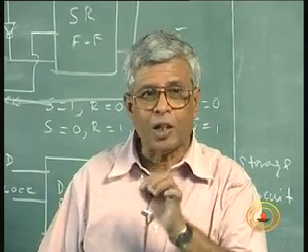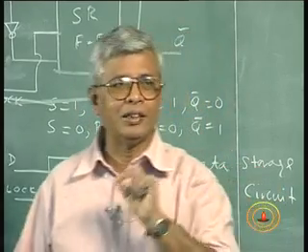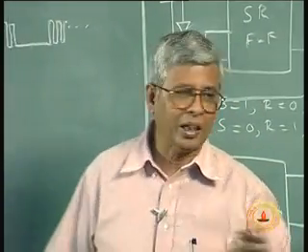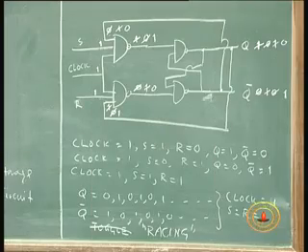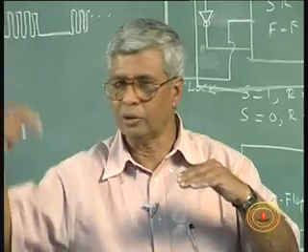If I make a clock even smaller than this propagation delay, I can make it change only once in a clock period. Is that not so? Suppose I give my clock, as long as the clock is high, this is going to keep changing, keep racing. When the clock settles down to 0, it will remain whatever is the last value. Again when the clock goes high, it goes berserk. I told you like that.